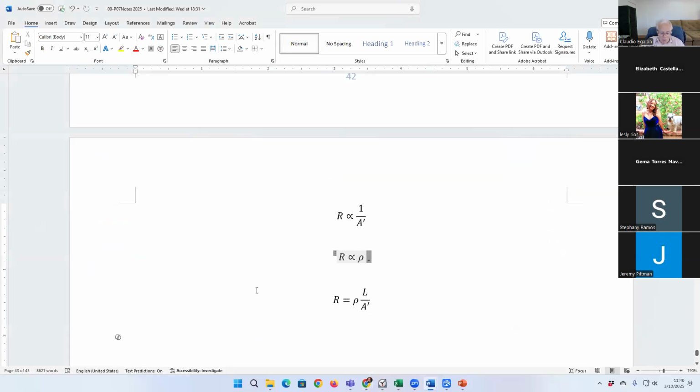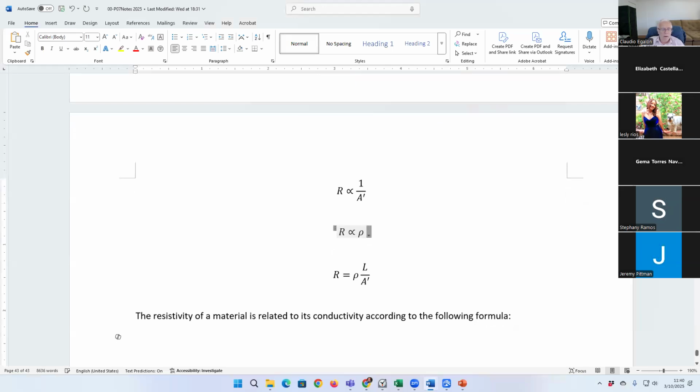So the resistivity of a material is related to its conductivity according to the following formula: conductivity is represented by the letter sigma, and it's 1 divided by rho.